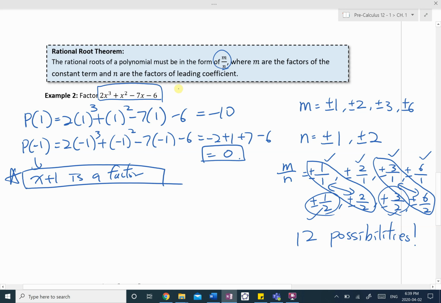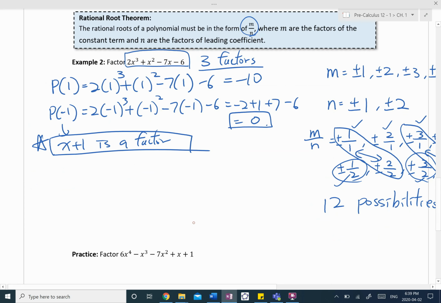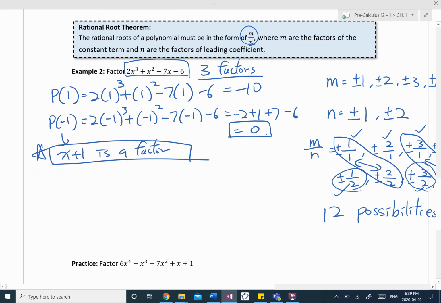So probably 3 factors. Now, we found the first one. We could keep trying and hopefully we'll get more, but that's not the best way of doing this. I think the best way is to do synthetic division.